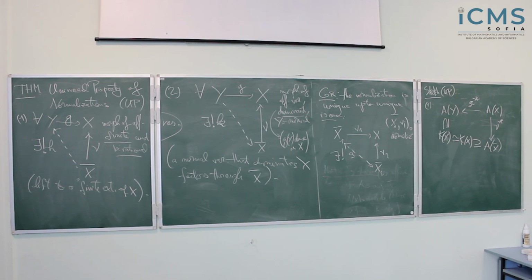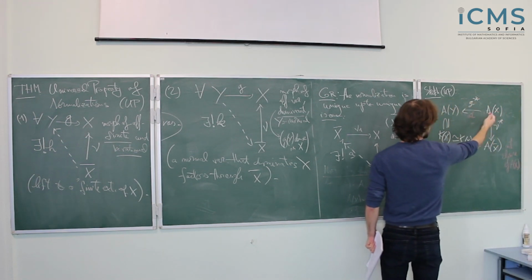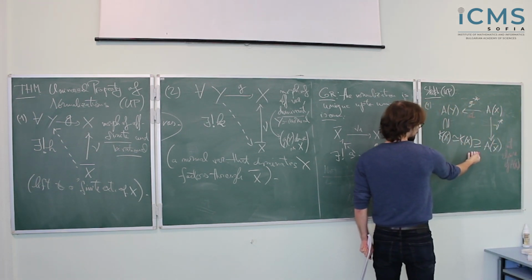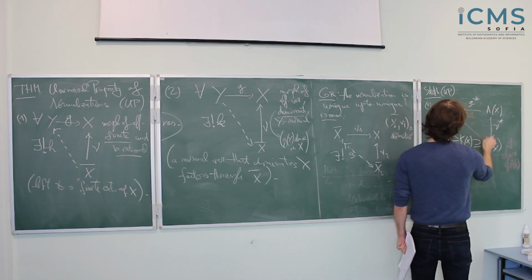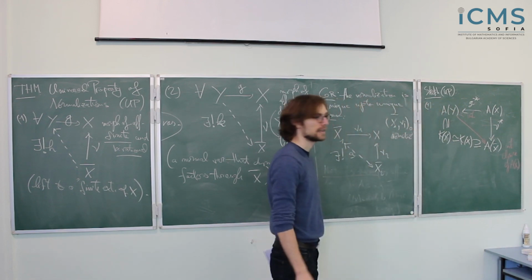Now A(y) is integral, so this is integral, and A(x bar) is the integral closure of A(x), right? So anything that is integral over A(x) and included in the function field is necessarily included in the integral closure. So there's actually an inclusion here, like this.